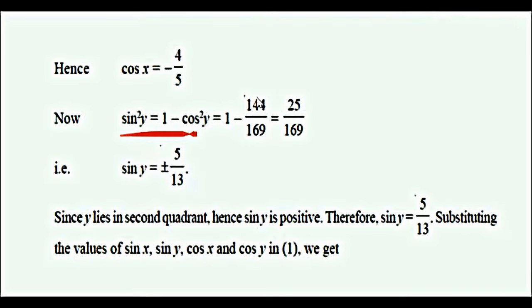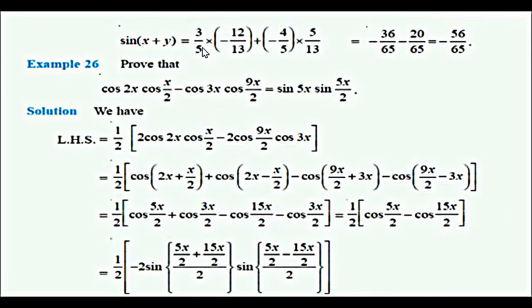That will be 1 minus 144 by 169, that is 25 by 169. So sin y will be plus minus 5 by 13. Since y is lying in the second quadrant, sin y is positive, so we will use sin y is equal to 5 by 13. Now let us substitute this in equation number 1. So 3 by 5, all these values you put, you will get the answer as minus 56 by 65.